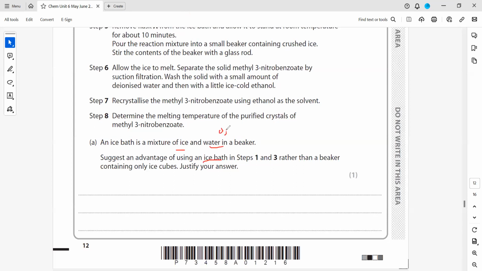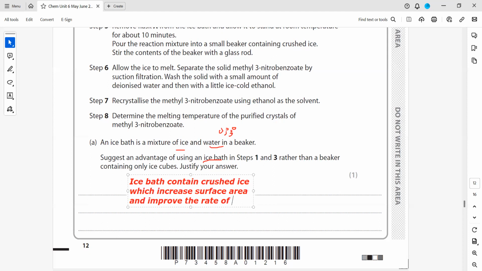What does an ice bath consist of? It consists of crushed ice. So the advantage of using crushed ice is that it will have a large surface area, so it will have a greater cooling effect. The ice bath contains crushed ice, which increases the surface area, and it will improve the rate of cooling.